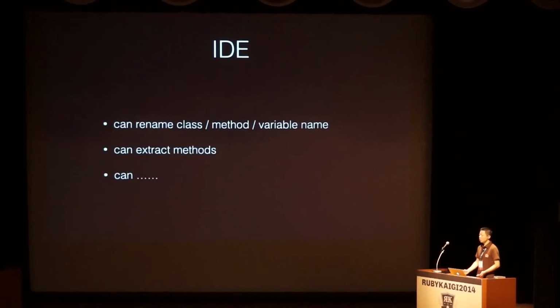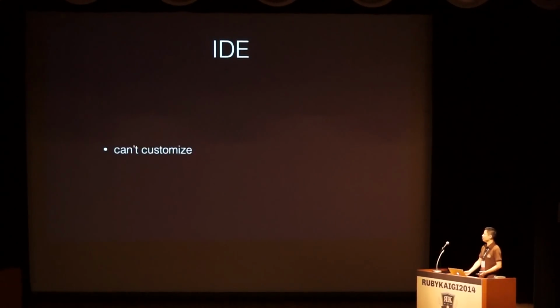They can do a lot of handy refactorings for you. But you can't customize it. The refactoring behaviors in an IDE are predefined, so you can only use them. You can't create your own refactoring behavior. So for the Ruby new syntax case, it doesn't help.